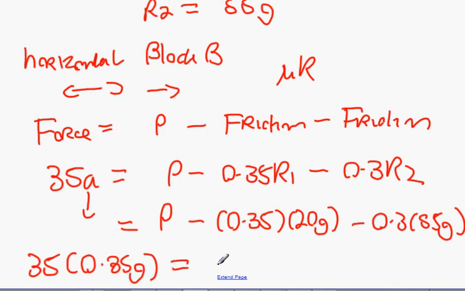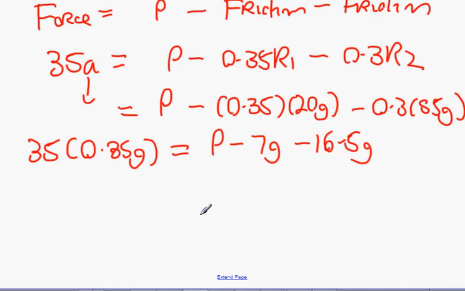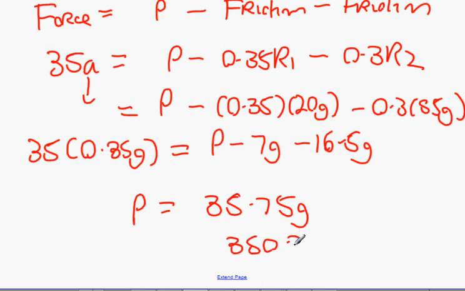That equals P minus 7G minus 16.5G. Then we bring the G's all to one side, and we find out that P equals 35.75G, or 350.35 newtons.